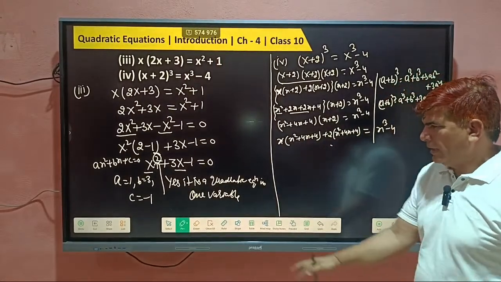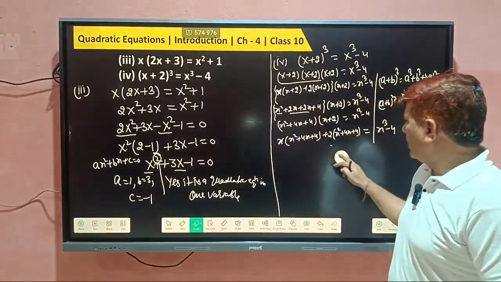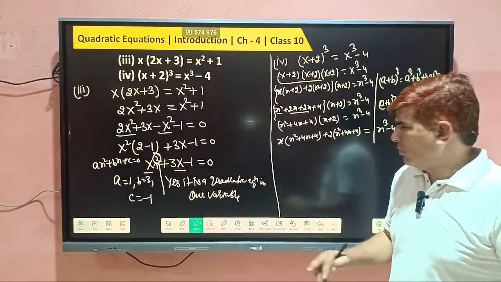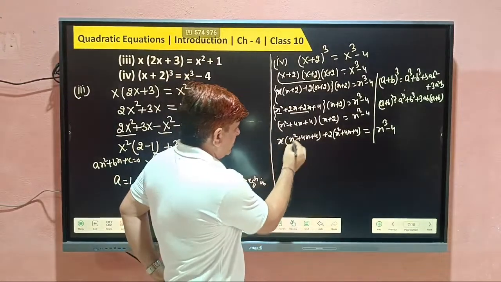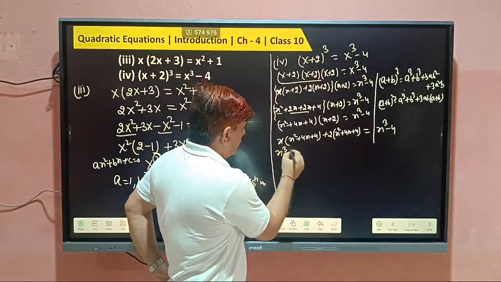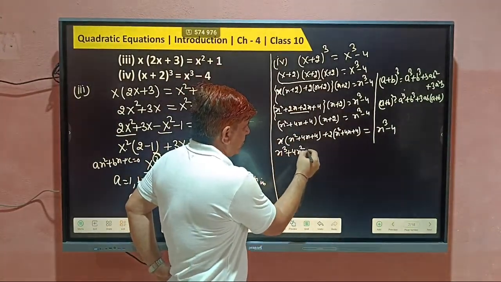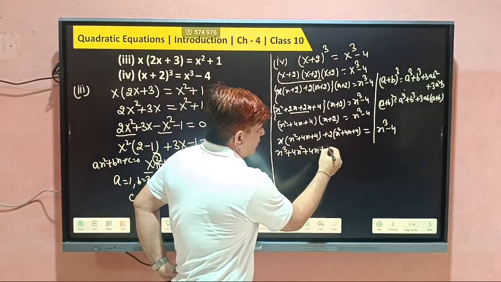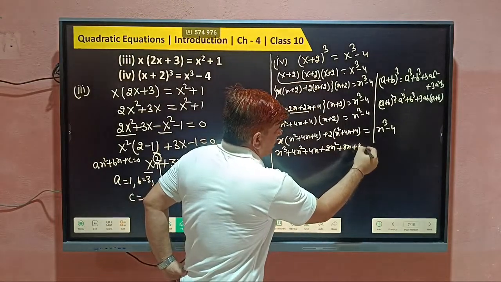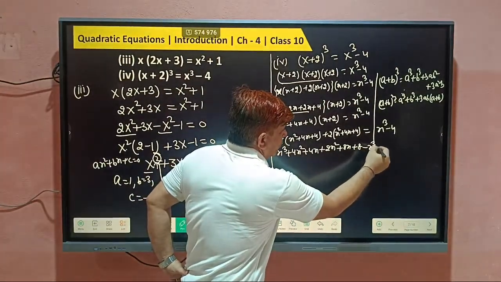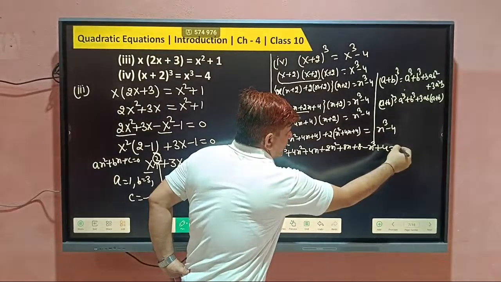But if you don't know that identity, you can still solve it. So its multiplication becomes x cube plus 4x square plus 4x plus 2x square plus 8x plus 8 minus x cube plus 4 equal to 0.